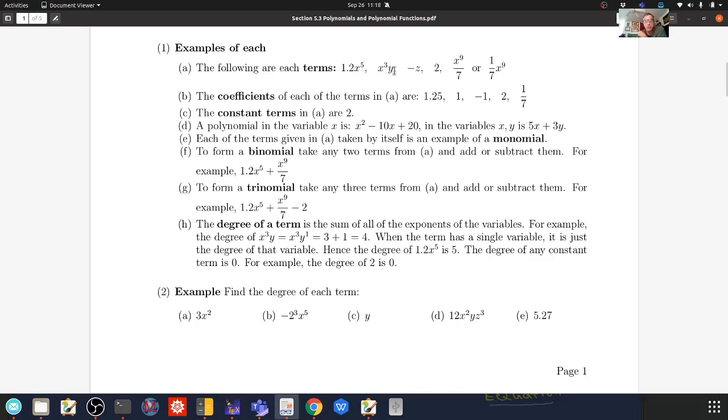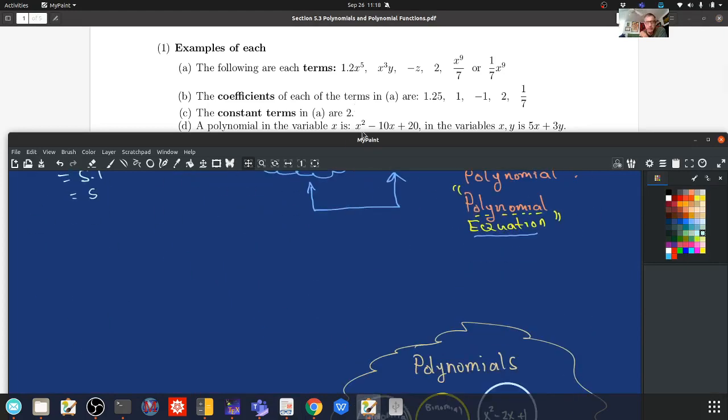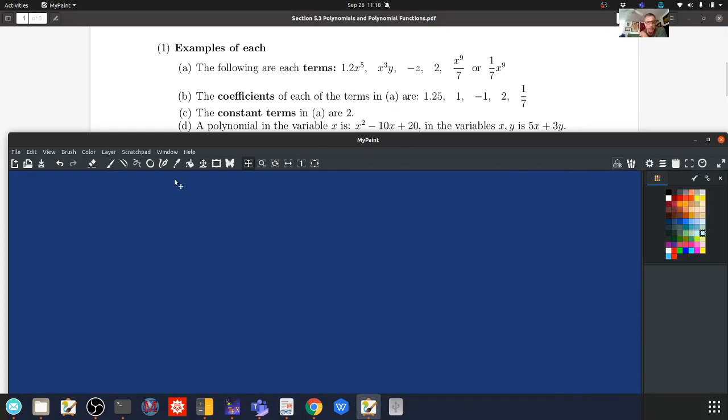x cubed times y. That's a polynomial term in the variables x and y. It has degree. Let's see about this. This is a commonly missed question on the exam. So let's look at this particular example. x cubed times y.